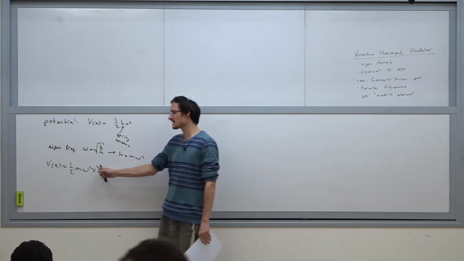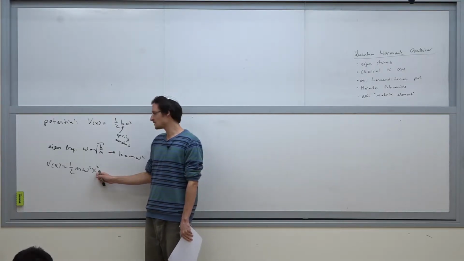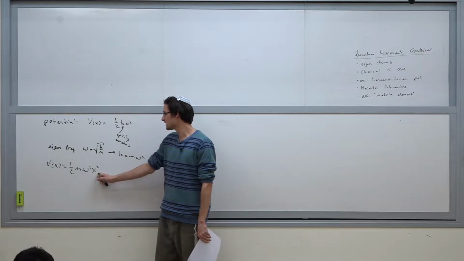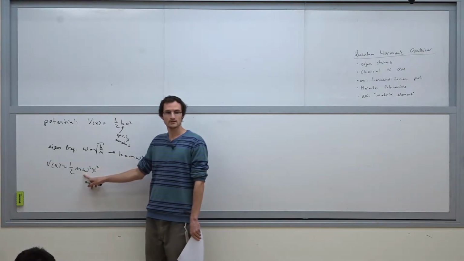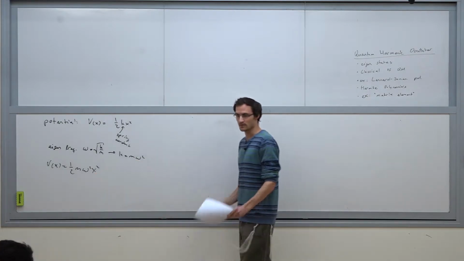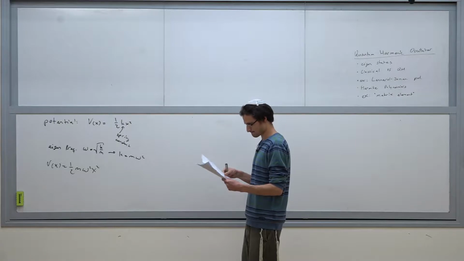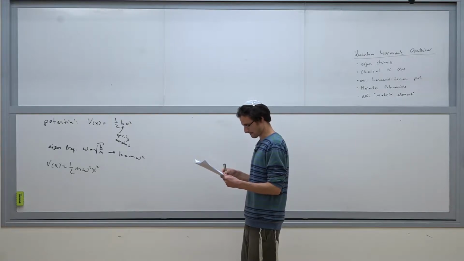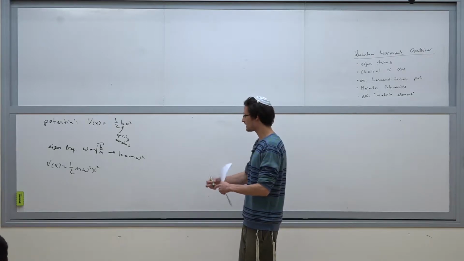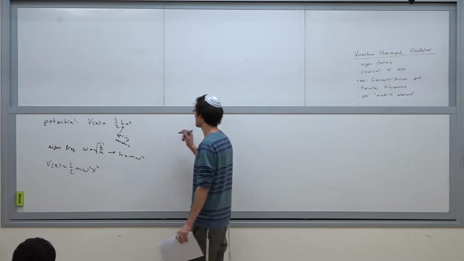From now on, this is how we write it. So the strength of the potential is now defined by omega. The stronger omega, the larger the frequency, the stronger, so the narrower the potential well. And this way you won't confuse it with the k from the momentum, because it doesn't exist anymore.